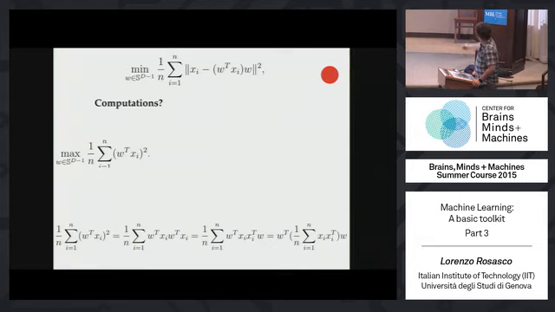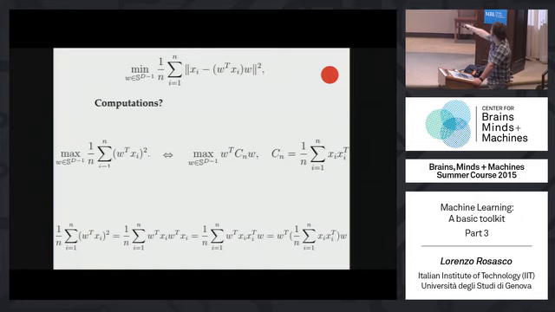And now you sum them all up, and this quantity becomes what is called the quadratic form. It's a matrix C squeezed in between two vectors, w transpose and w. So now you can rewrite this as finding the unit norm vector w that maximizes this quadratic form.